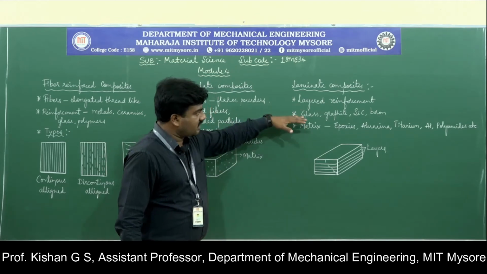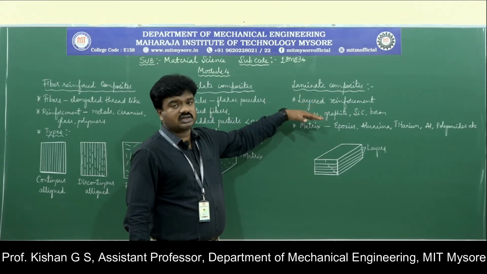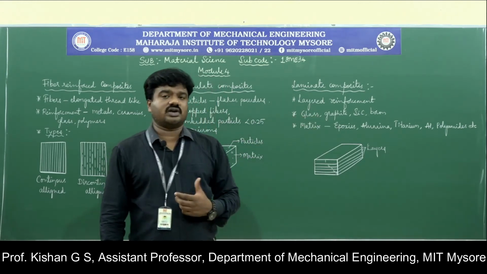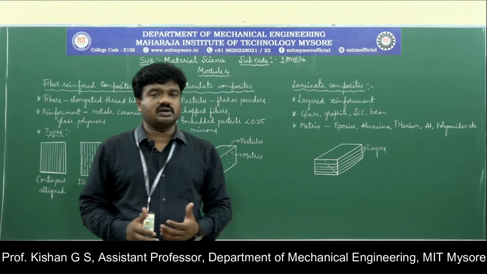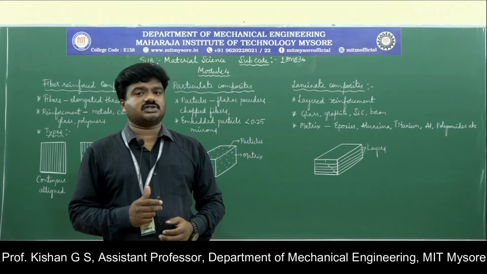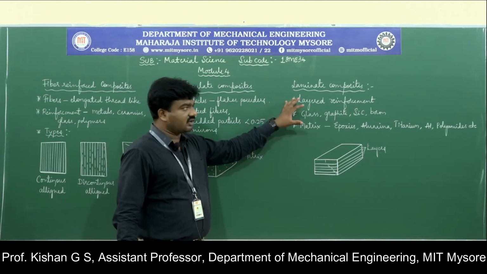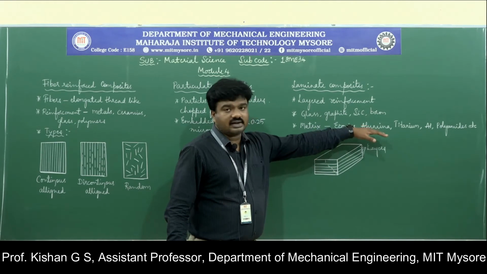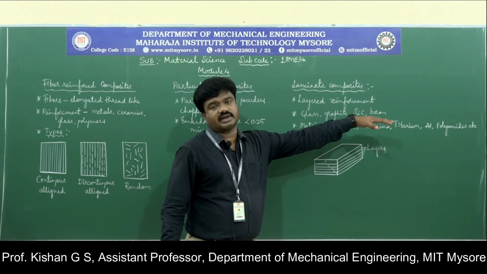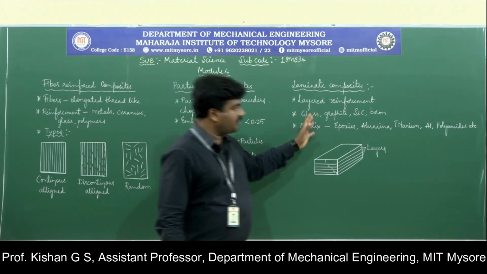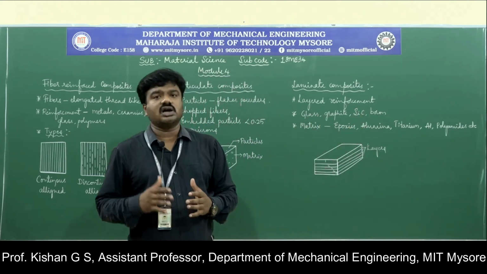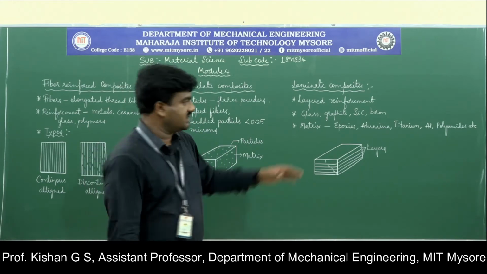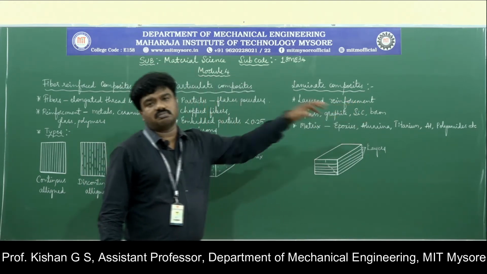But in case of laminated composites, there is a preference given for the selection of matrix. You cannot simply take whatever matrix is available, but there is a preference for laminated composites, and those matrices are epoxies, alumina, titanium, aluminum, polyamides, etc. Though these are matrix phases which could be categorized under different types of matrix phase of composites, for laminated composites these are the only preferred matrix phases.